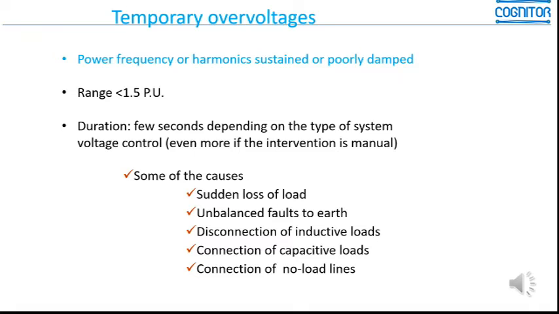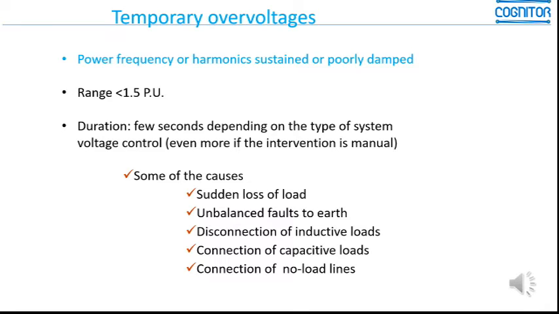Let's say the shape of the wave is more or less like a power frequency wave. The range is something like 10%, 20%, or even 50% higher than the value of the normal voltage in the network.